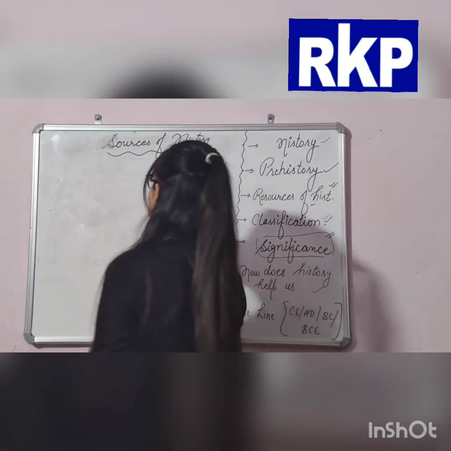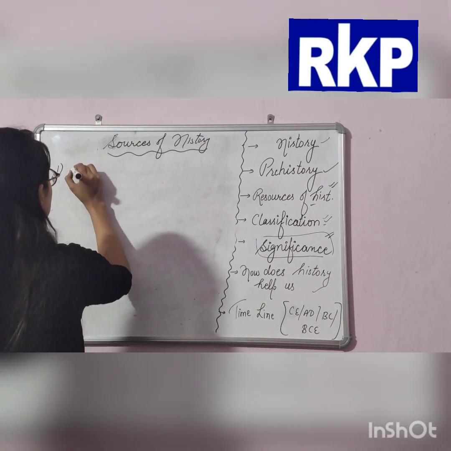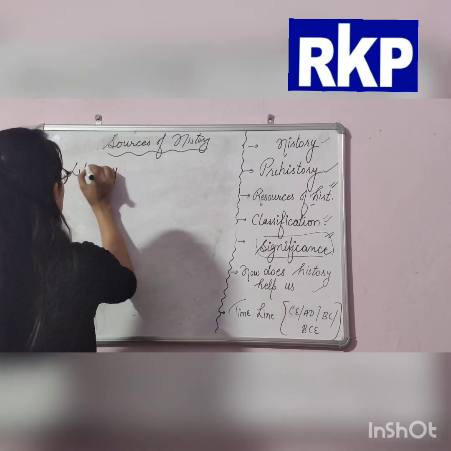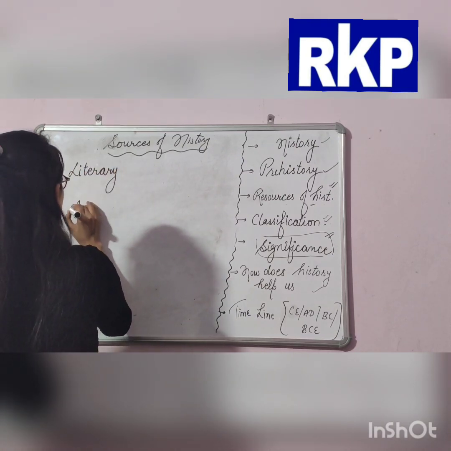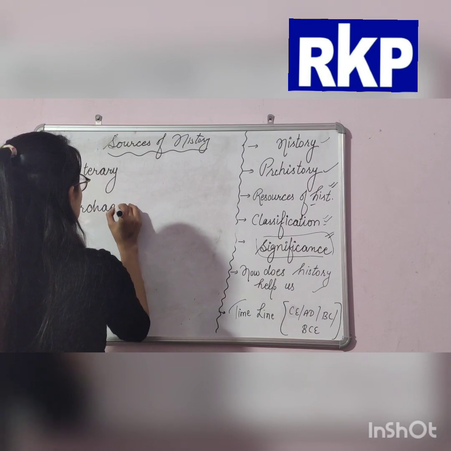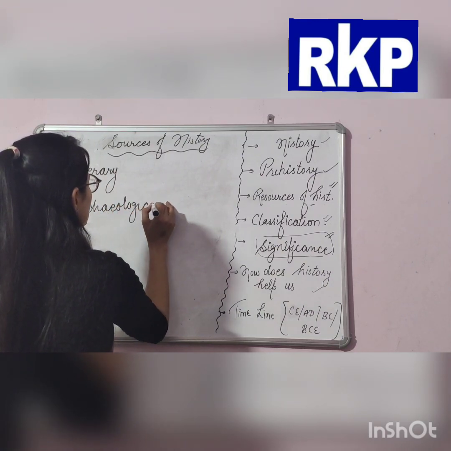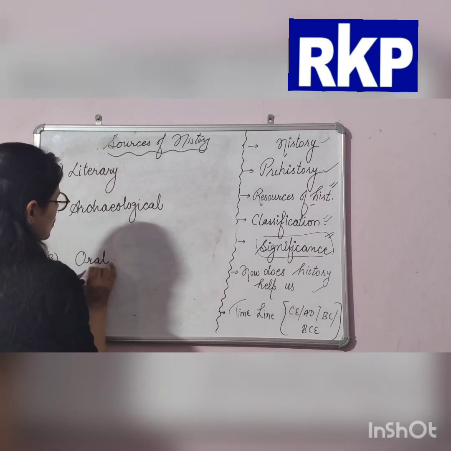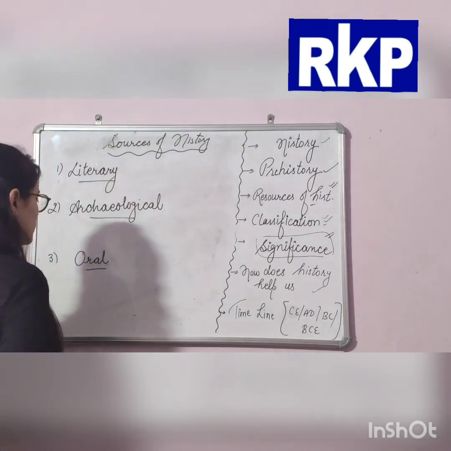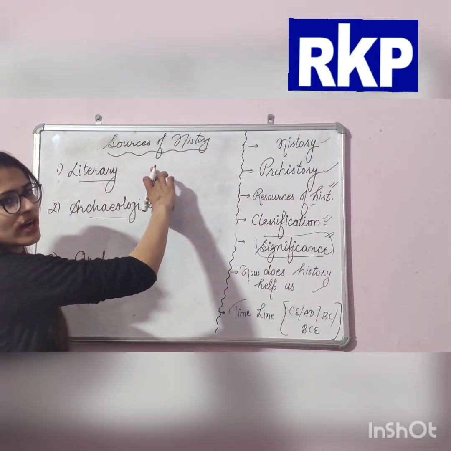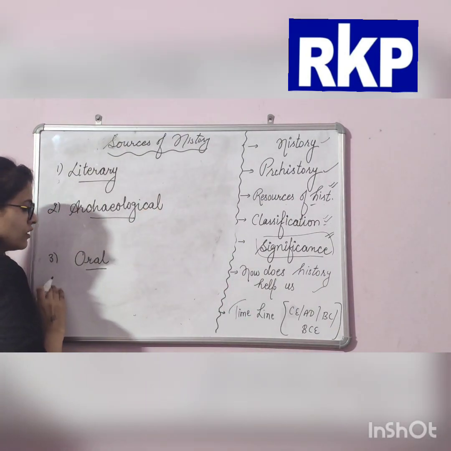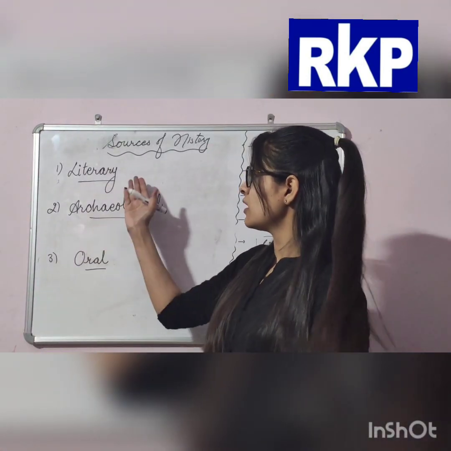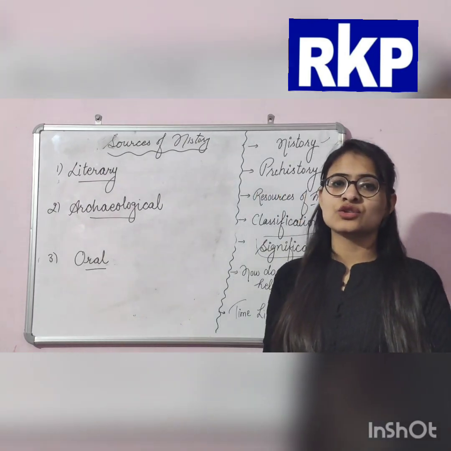So first of all, there are literary resources. Second is archaeological resources, and third is oral. By the way, these two are important. So first we come to our first topic, literary sources.